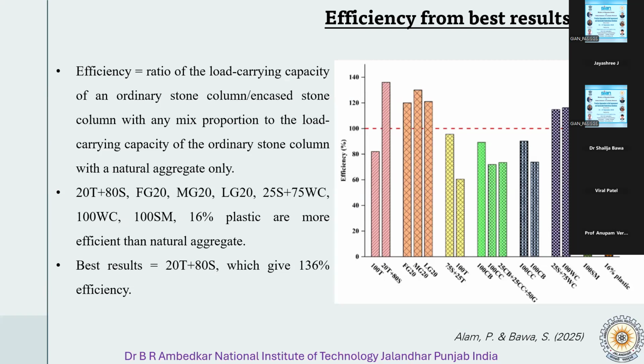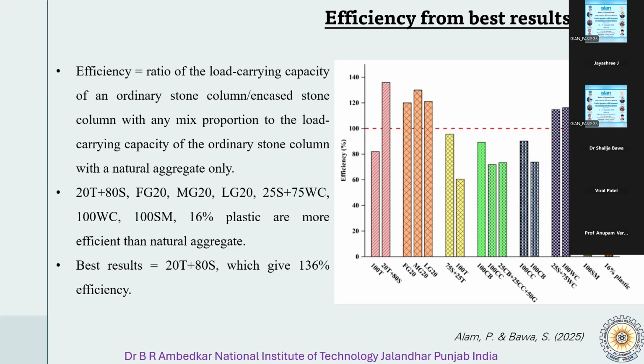So this graph here shows only the best results obtained by various wastes. From the different studies where we got the maximum load carrying capacity, we used that percentage of that waste, that this particular waste at this percent gives us the maximum density, maximum load carrying capacity.